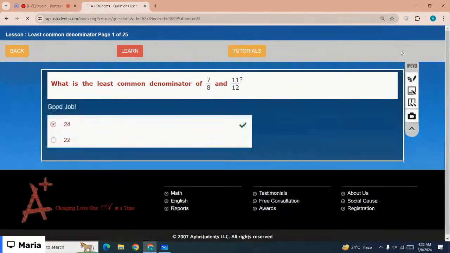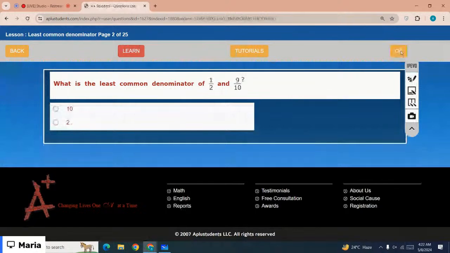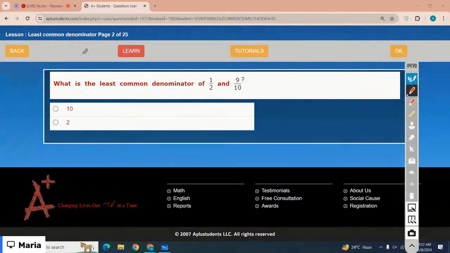The next one is, what is the least common denominator of 1 by 2 and 9 by 10? So which is the correct option? So write down the prime factors of 2 and 10. The prime factor of 2 is 2 and of 10 is 2 times 5.